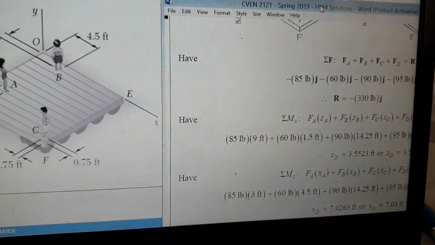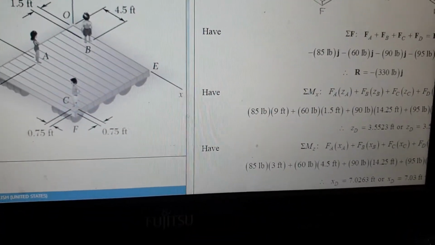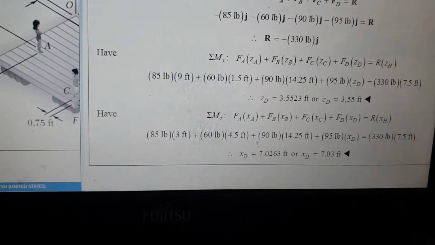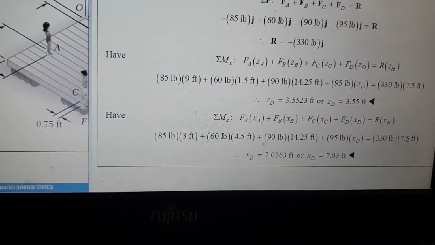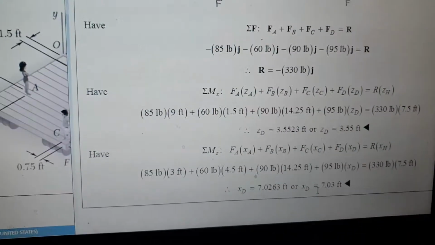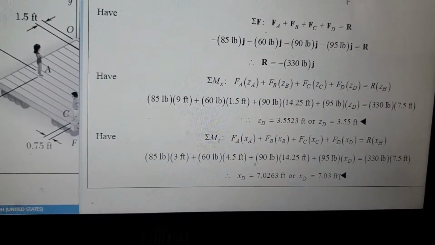And the last one is 95 pound times the distance x. The distance x is unknown. Equal to 330 times 7.5, the distance to the center line. This would give you an x equal to 7.026, which is equivalent to 7.03 feet.